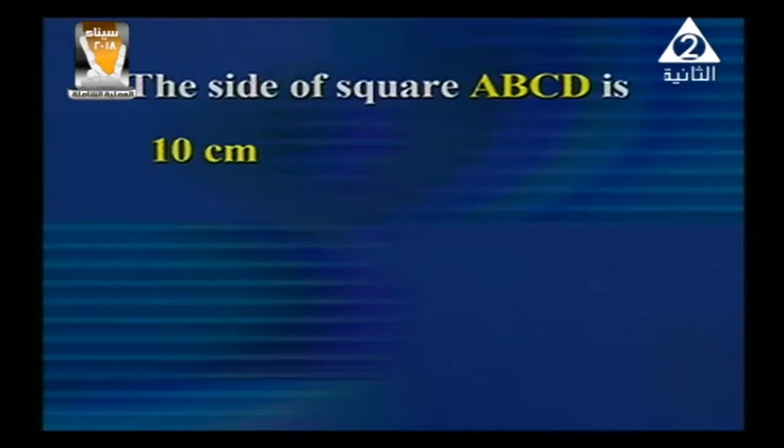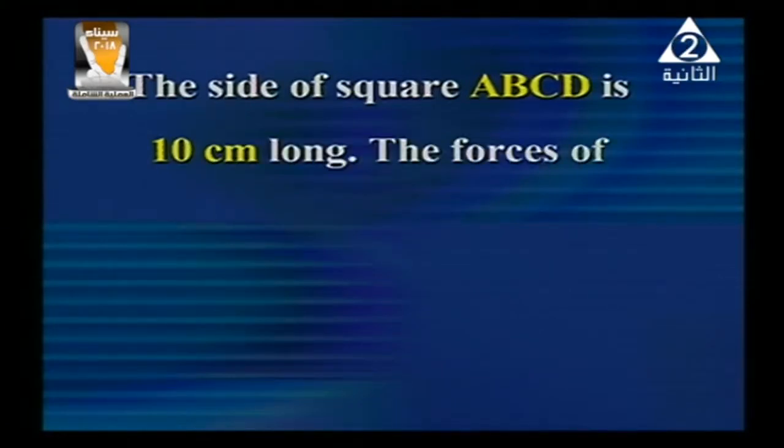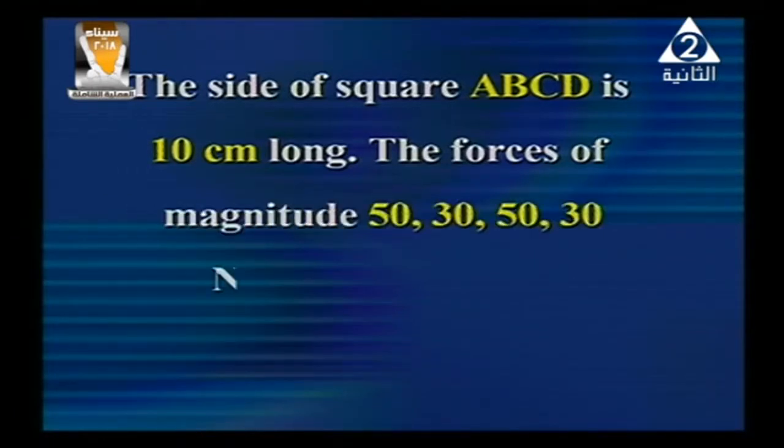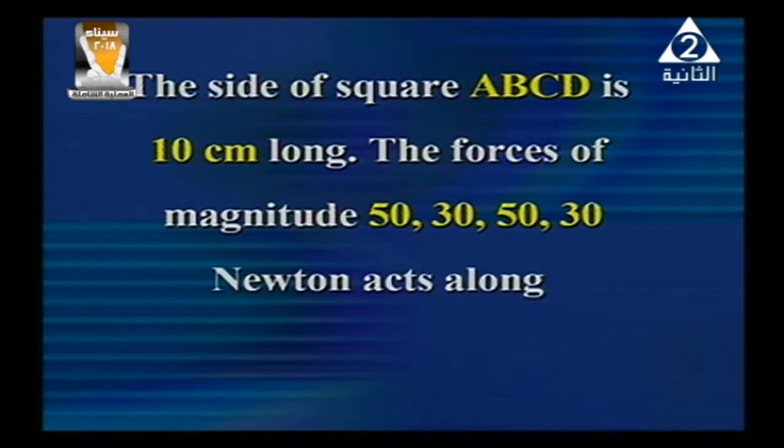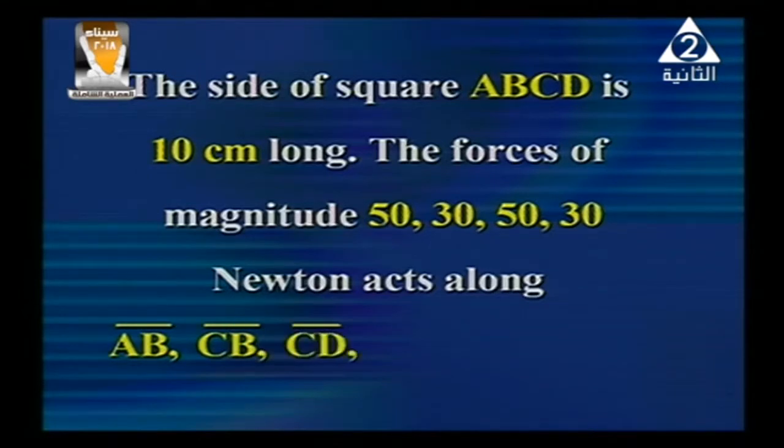The side of square ABCD is 10 centimeters long. The forces of magnitude 50, 30, 50, 30 Newtons act along AB, CB, CD, AD respectively.